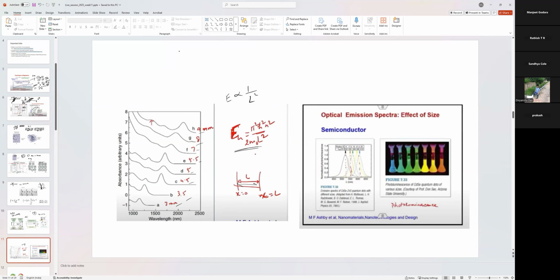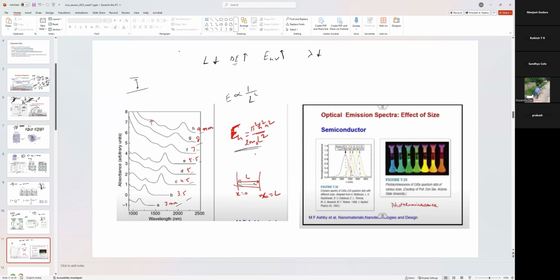If L decreases, delta E increases. Since delta E, the band gap, is increasing, you need to give higher energy. So the energy of your incident photon, h nu, is higher. Since its energy is higher, its wavelength is lower.